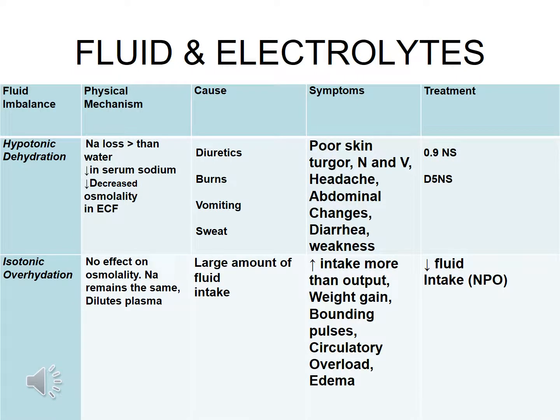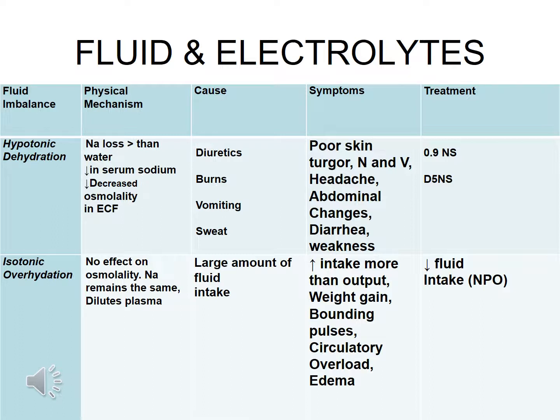Individuals that have hypotonic dehydration have a sodium loss which is greater than water loss. They have a decrease in sodium concentration, a decrease in osmolality. Again, the particles that are dissolved into your extracellular fluids. This is caused by diuretics, vomiting, sweating, burns. The symptoms they'll have are poor skin turgor.